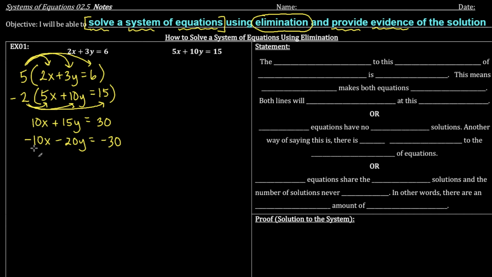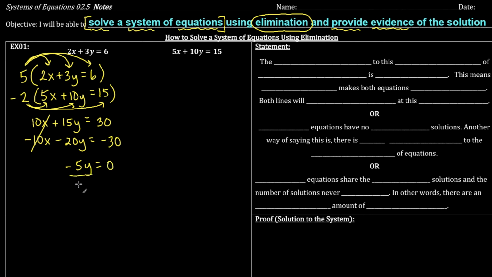So 10x minus 10x, the x's are eliminated. 15y minus 20y is negative 5y. And 30 minus 30 is 0.